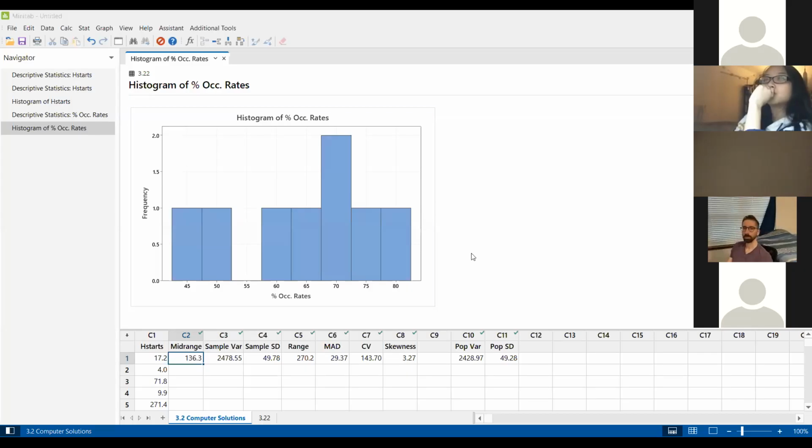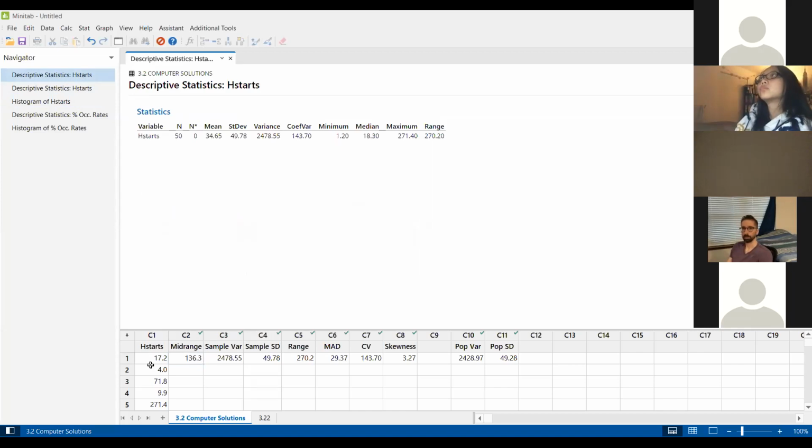All right, here we go. So this is housing starts. This was something that was published by a government agency for a certain year, and this is for, I believe, all 50 states. I think there are 50 of these here.